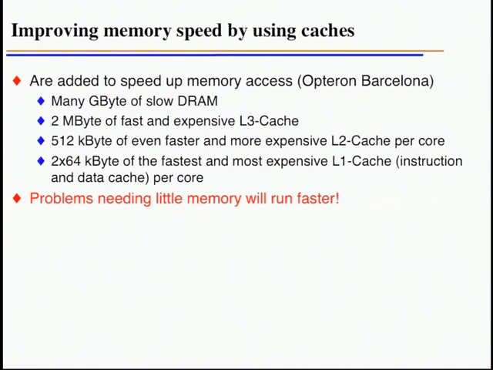Then you have even less of even faster memory, which is called the level 2 cache. And this is typically built into each CPU core, so it's very close to the processing unit. And then you have even faster, but also more expensive and therefore smaller level 1 cache, which is typically split between instruction cache and data cache.